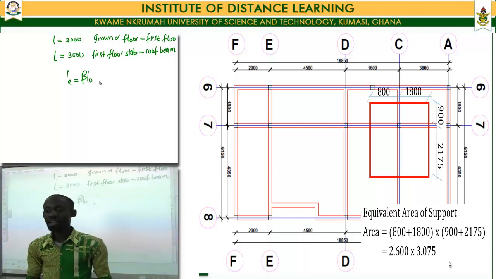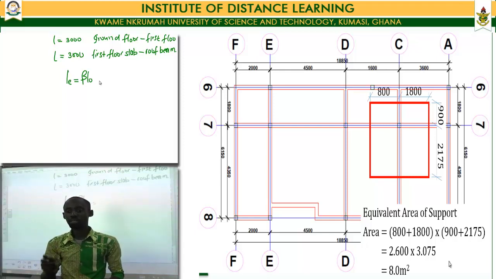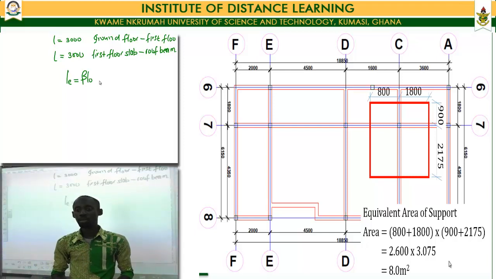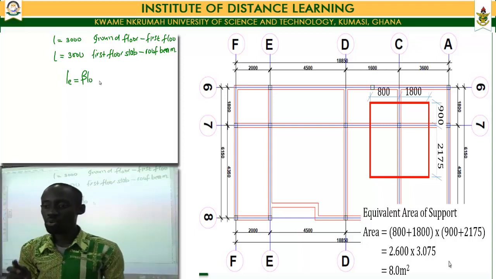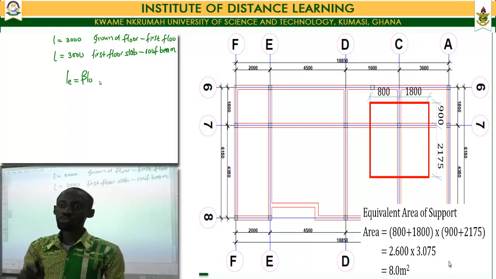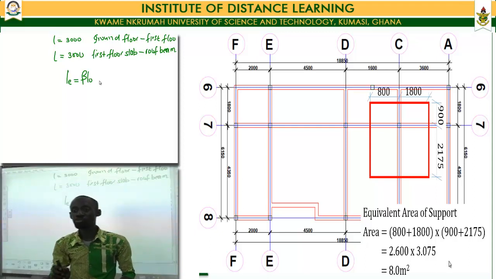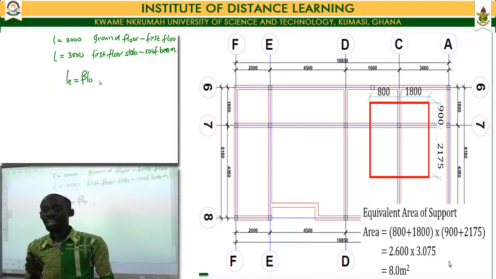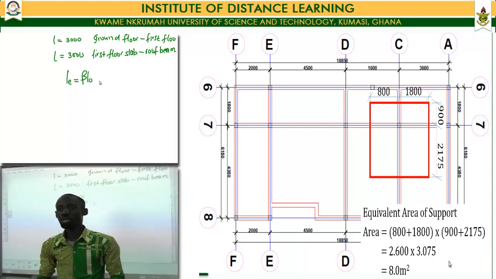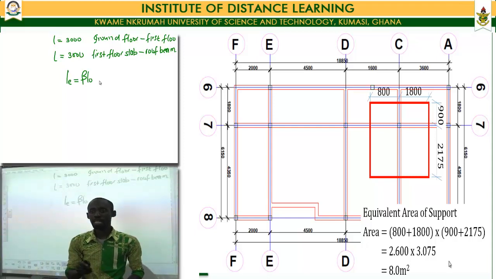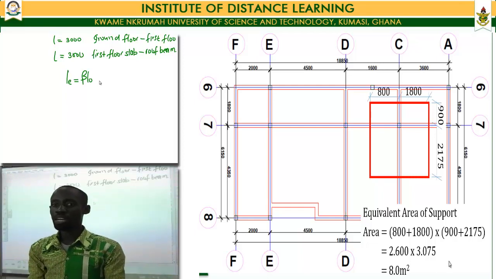This gives us an area of 2.6 multiplied by 3.07, which translates into a total area of 8.0 meters squared. So for the total floor slab within our building, our column C7 is supposed to support an area of 8.0 meters squared.